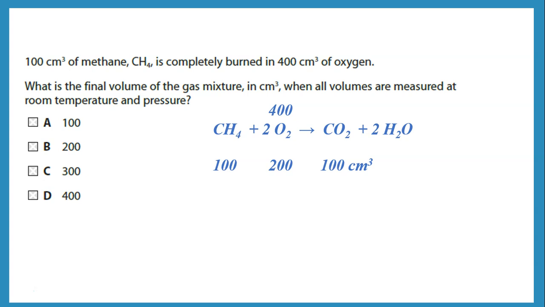And we will use up 200 of the oxygen, but I put 400, so I still have 200 more in excess, plus the 100 of CO2 that we formed in the reaction. That means the final gas mixture would have a volume of 300 centimeter cubed.